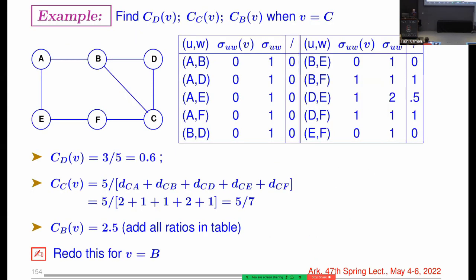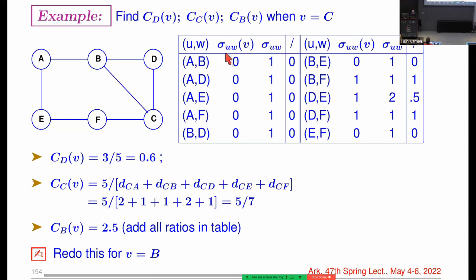Here's an example. This is a graph. I have to list all the possible pairs, and you only have to consider one direction: A, B, A, D, etc. It's essentially like looking at the upper triangular matrix, so all pairs with the second one being a higher number than the first, since it's symmetric.